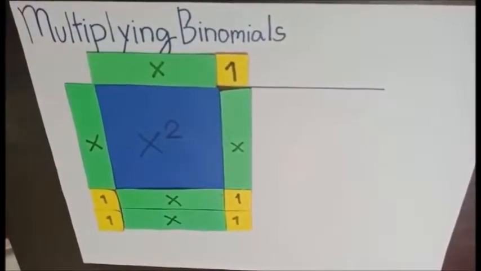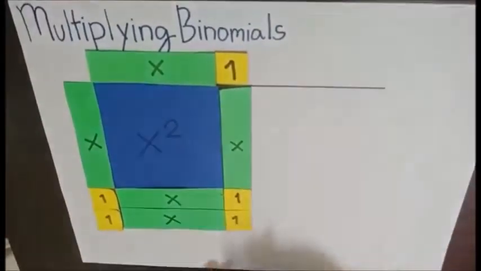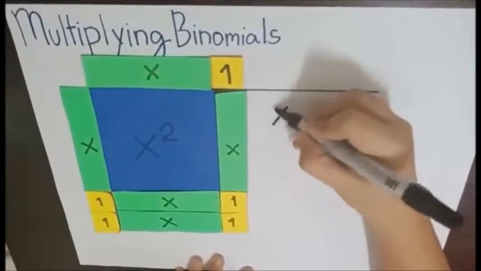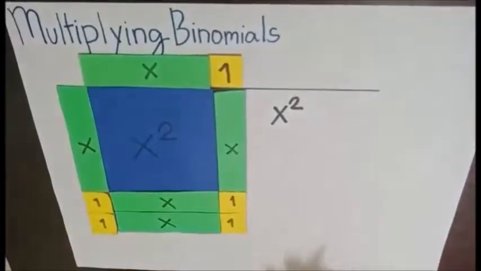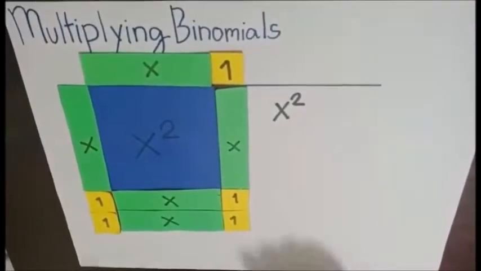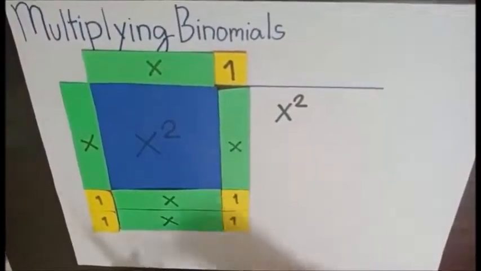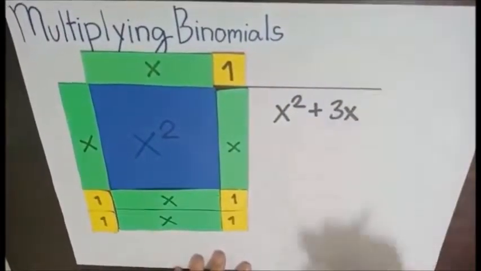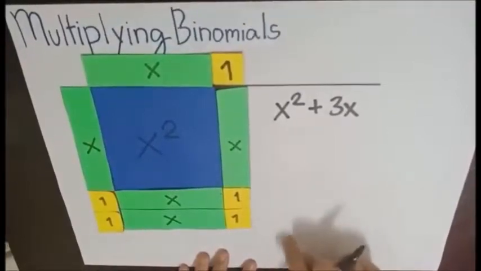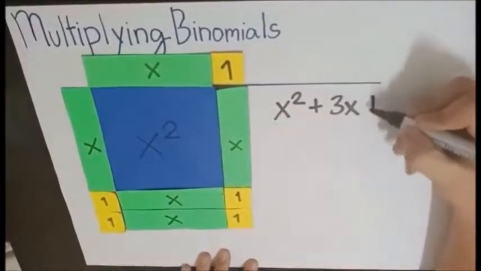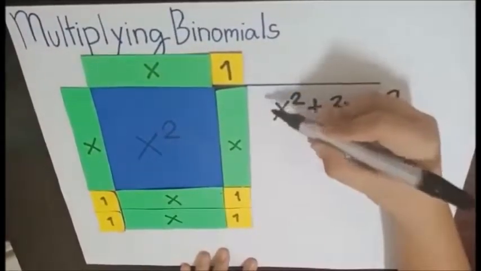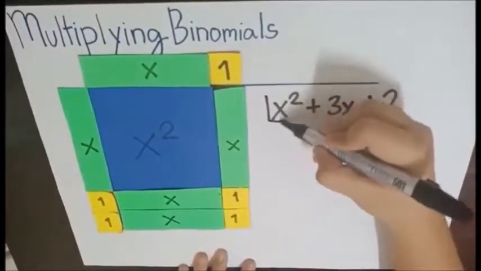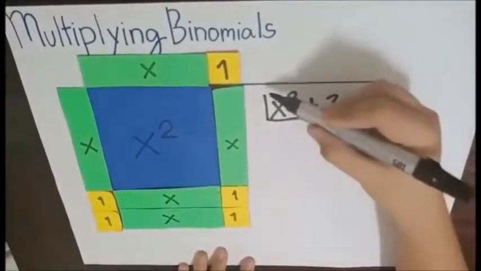The x squared tile is just 1, so we will write x squared. The x tile is 3, so 1, 2, 3 is equal to 3x. And the number 1 tile is 2, so plus 2. And the final answer is x squared plus 3x plus 2.